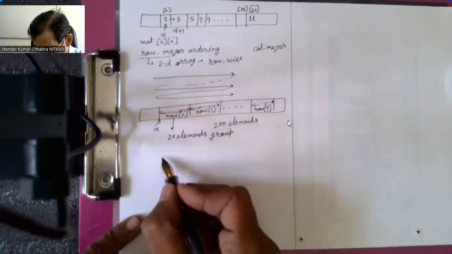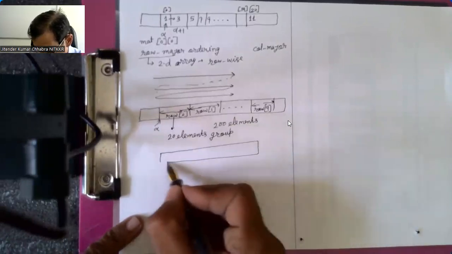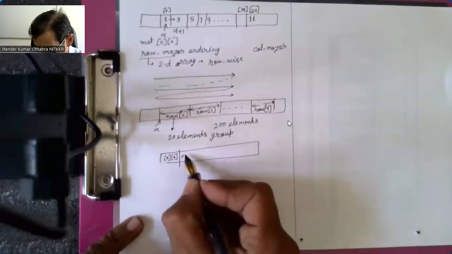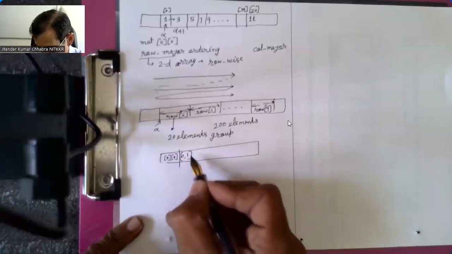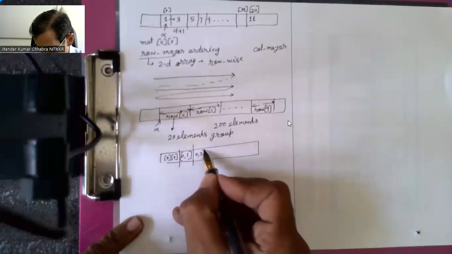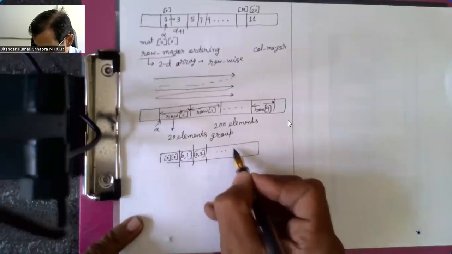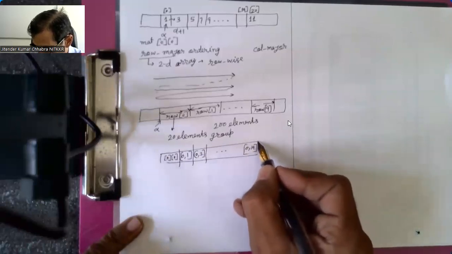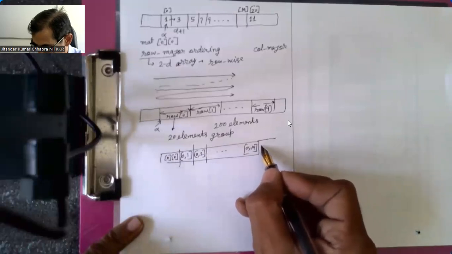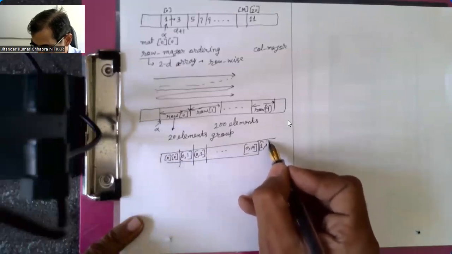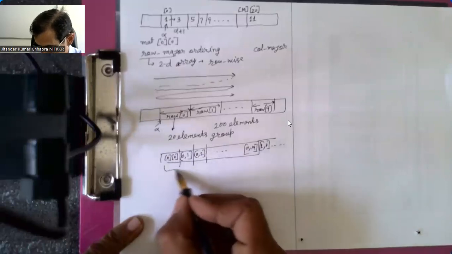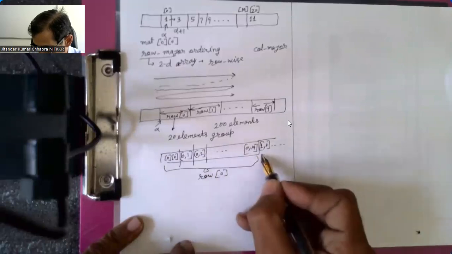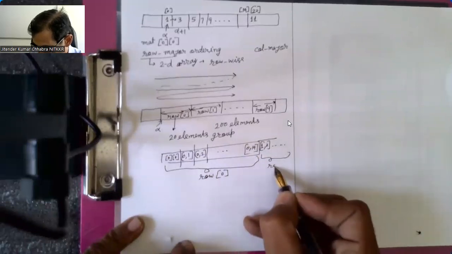Effectively, for row 0, I will store here element 0, 0, followed by 0, 1, followed by 0, 2, and up to 0, 19. And once 0, 19 is over, immediately the next location is guaranteed to be 1, 0, and so on. So this becomes your row 0. This becomes your row 1.